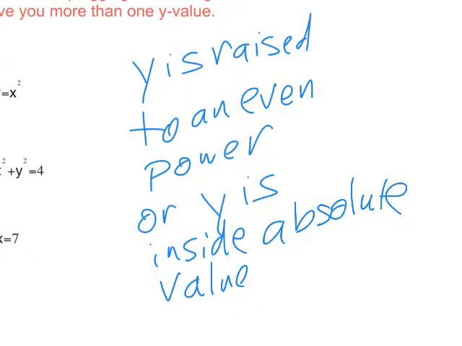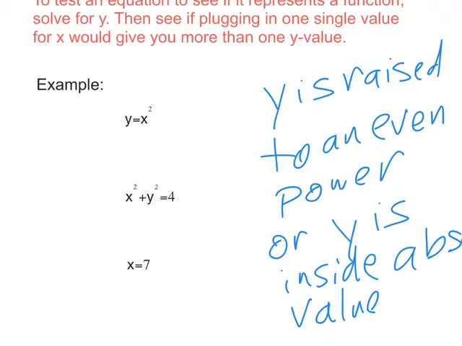Okay, if y is squared or raised to the fourth power, you're not going to have a function. If y is inside absolute value, you are not going to have a function. Okay, so just kind of think about that as we're looking at these three that we have right here.